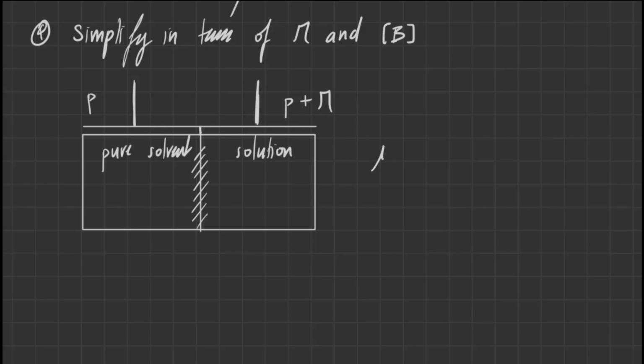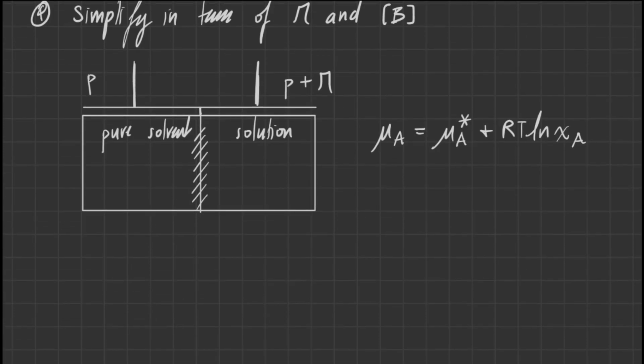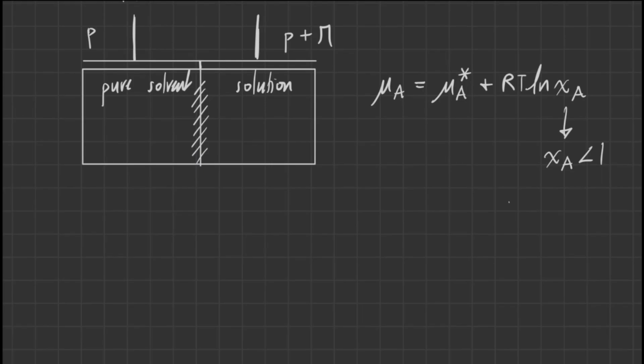If you think back to the relation, mu A is equal to the chemical potential of pure A plus RT ln of the mole fraction of A. If you have a solution, this mole fraction is going to be less than 1.